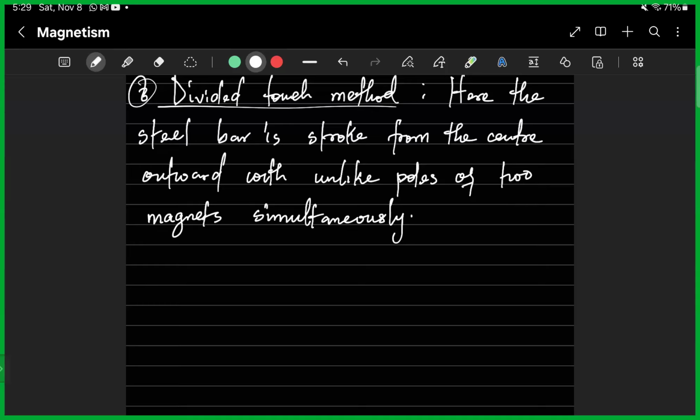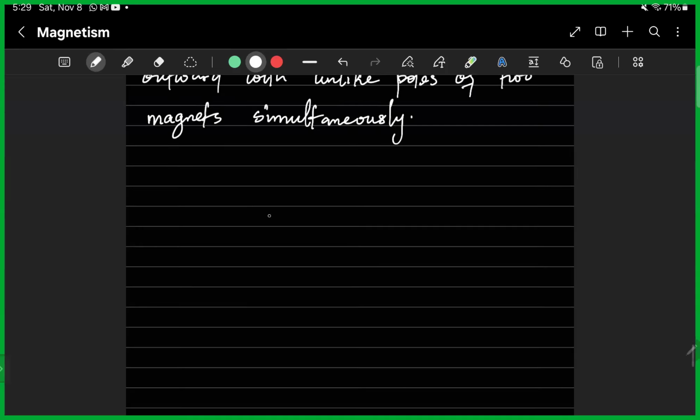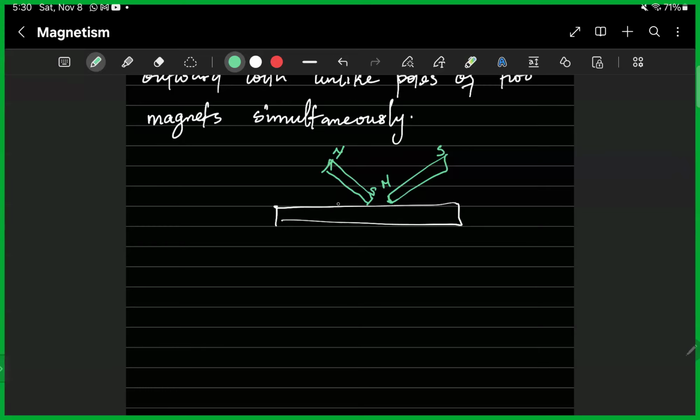So the idea here is we have our steel bar, and as we are stroking with one magnet from here, we're stroking with another magnet from here. This one has north, south, and this one has north, south. So you're stroking this one in this direction, stroking this one in this direction.